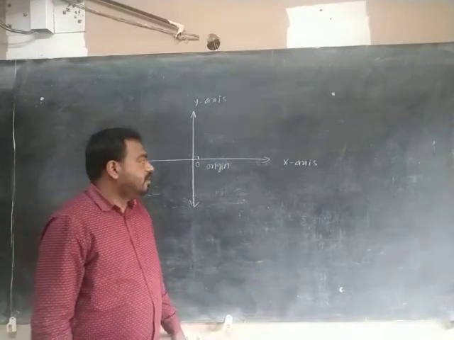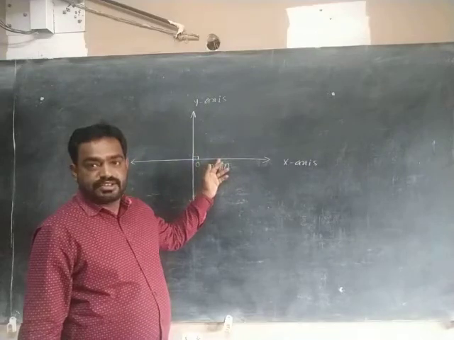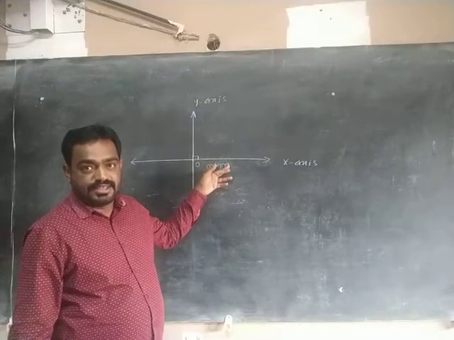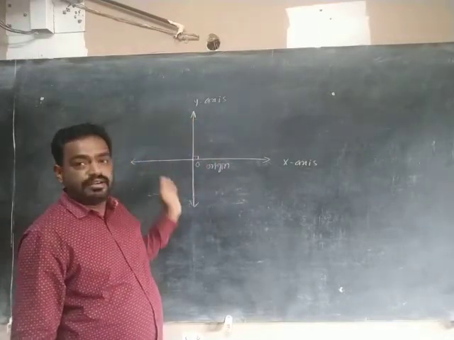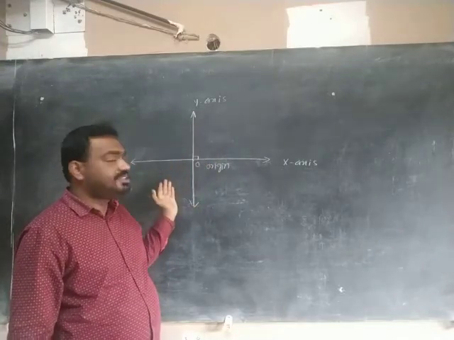Now you see these two mutually perpendicular lines, that means coordinate axes. These coordinate axes divide the plane into four parts.